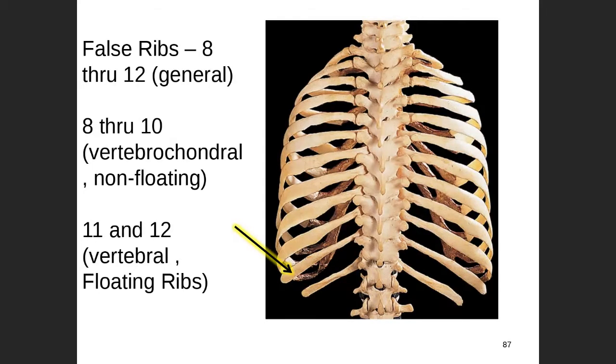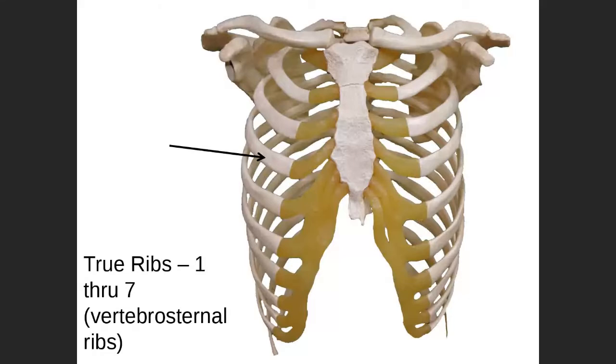But on the anterior view, I'll start with rib 1. I can't see 12 and 11 clearly, but here I can see the costal cartilage of rib 1. So that's 1, 2, 3, 4, 5, 6, 7, and then 8, 9, and 10. And then this is 11 and 12 back through here. It's tough to see.